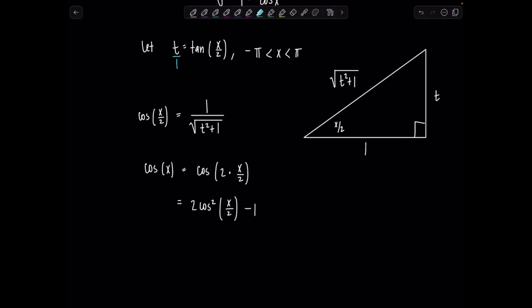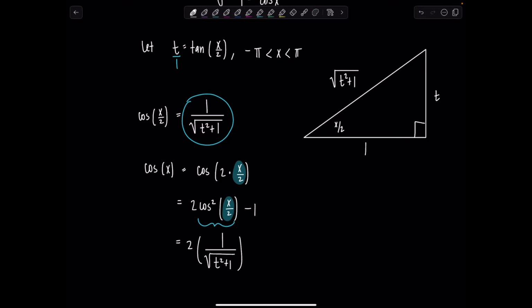So remember here, this argument, x over 2, I'm going to carry down. And now I actually already can replace cosine x over 2 with 1 over rad t squared plus 1. So then this is going to be 2, 1 over rad t squared plus 1 squared minus 1.